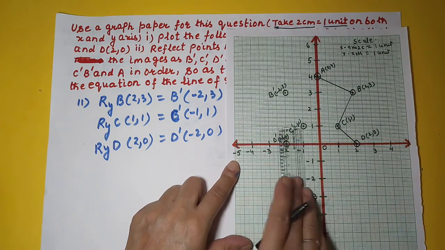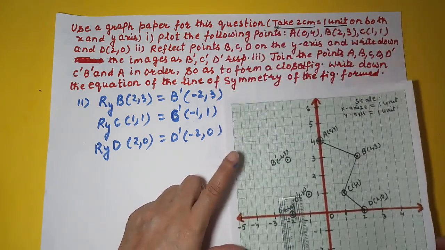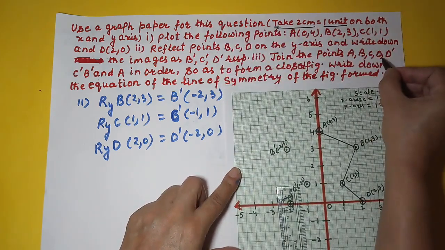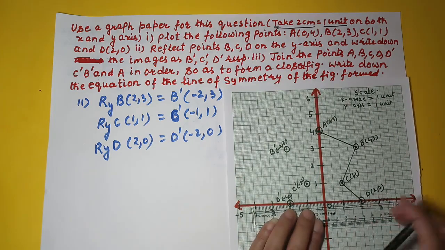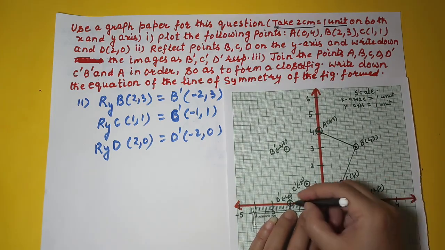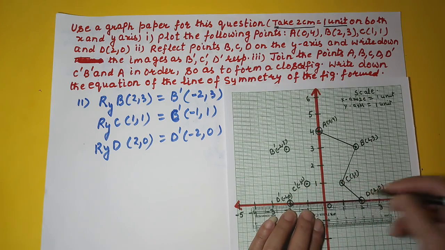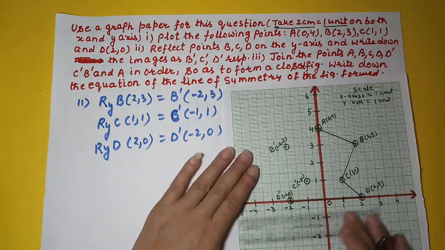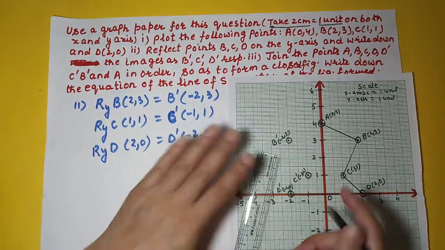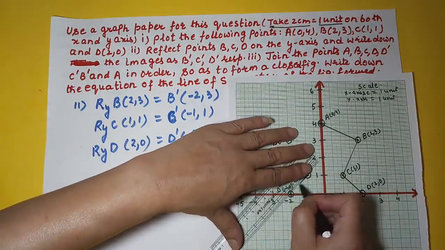Okay. Now let's join the rest of the points. A, B, C, D I have joined. Now he says D dash. This is already joined, lying on x-axis. C dash, okay. Then I will join with this. I will join C dash.